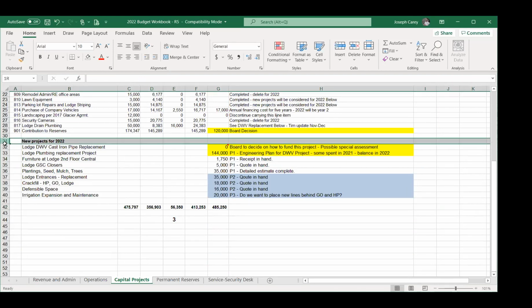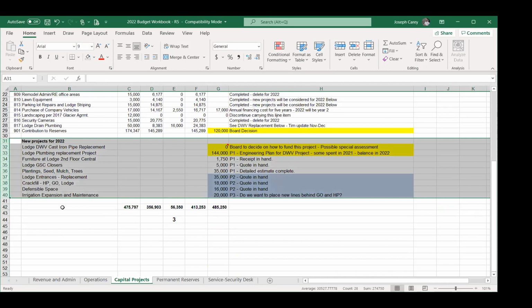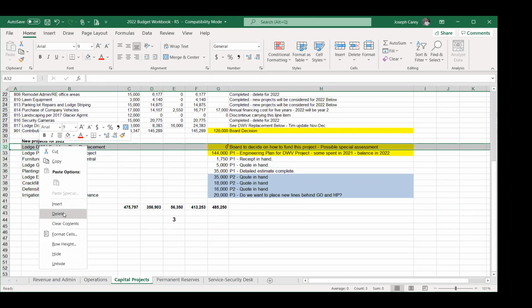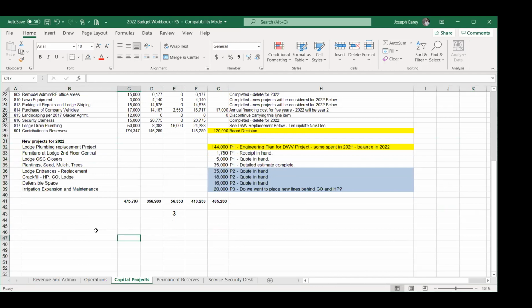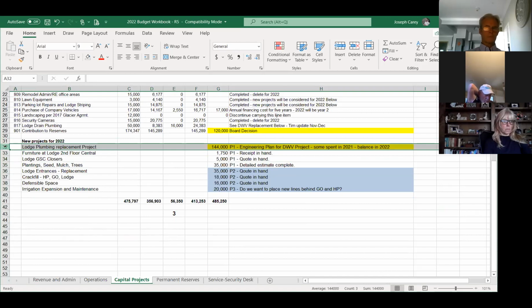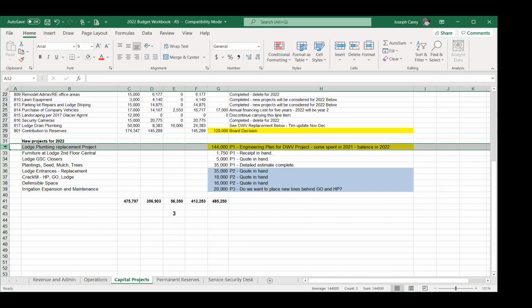All right, so new projects for 2022. You're thinking we just pull this completely, the top one? Yes. I'm happy to do that. Now, this line is the engineering, planning, bidding, getting firm fixed price bids by, what, next spring?